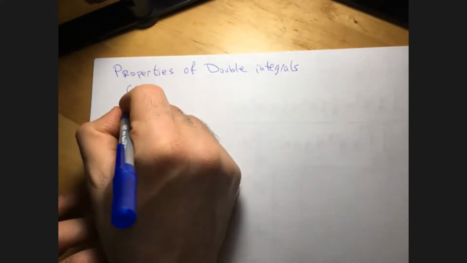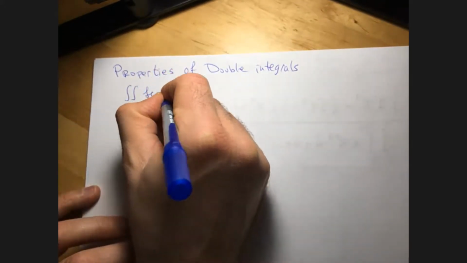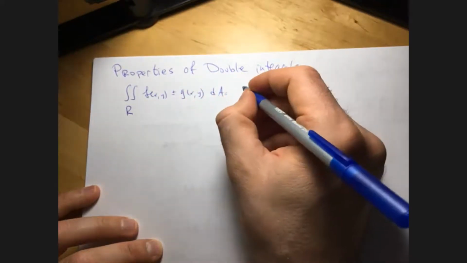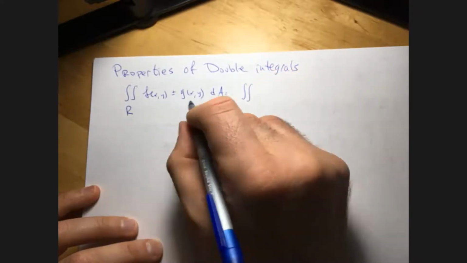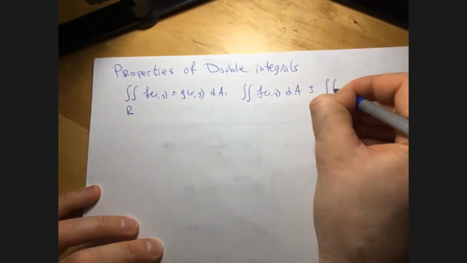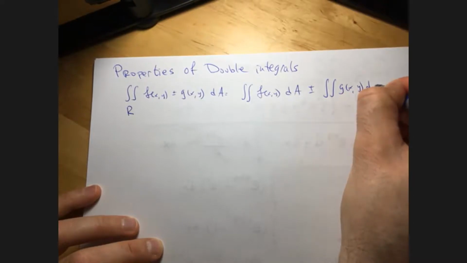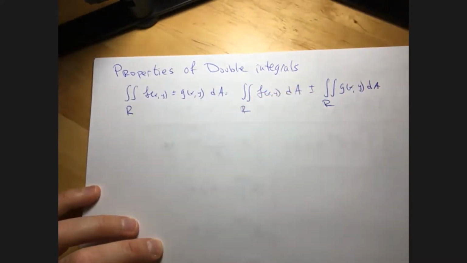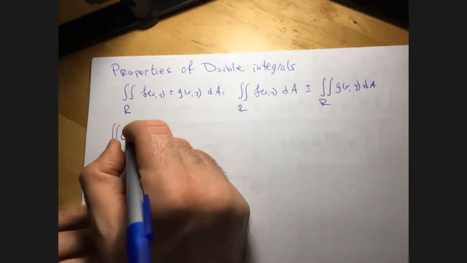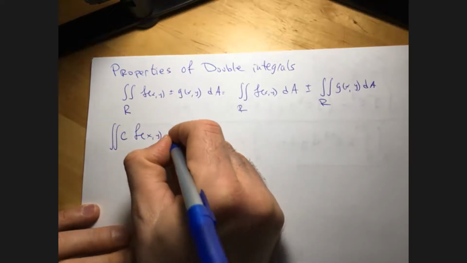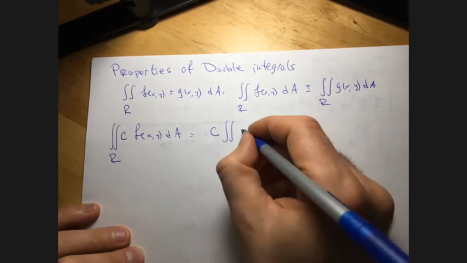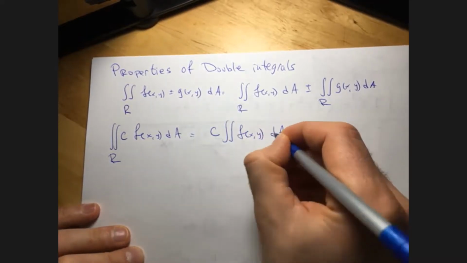So you have the double integral over the region R, f of xy plus or minus g of xy dA, that's equal to the sum or the difference of the double integrals over the rectangular region R. Of course, the double integral over the region R of a constant times the function f of xy dA is the constant times the double integral of f of xy dA.